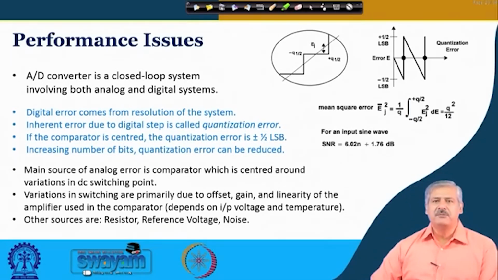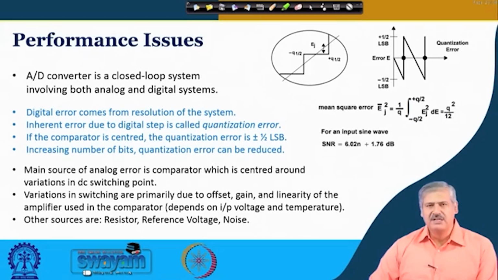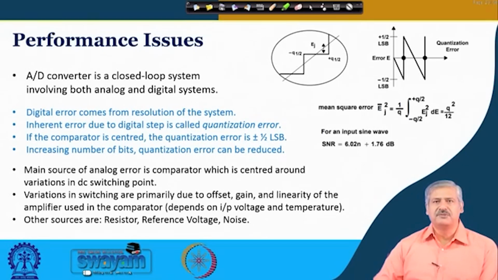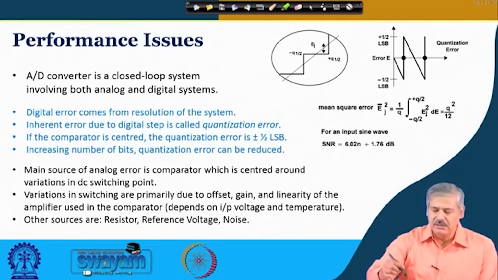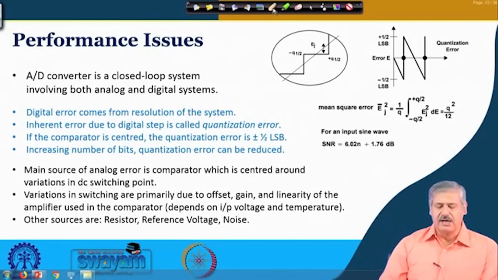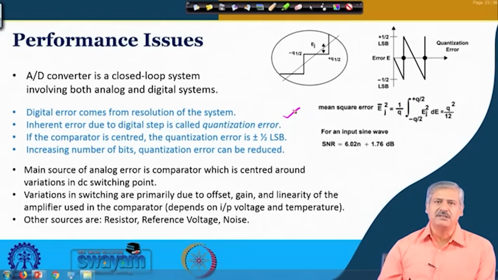Now, when you talk about performance issues, we have been discussing ADC in the last two classes. We had seen that ADC is a closed loop system. So, it has both analog components and digital components, isn't it? So, the error will be contributed by both of them, and the digital part of the error mostly comes from what is known as quantization. How many bits, how many discrete levels you have, that is actually giving you some error right in the beginning.